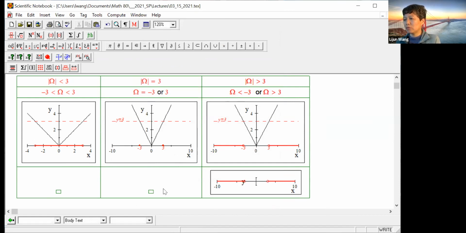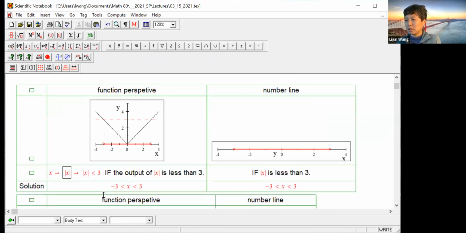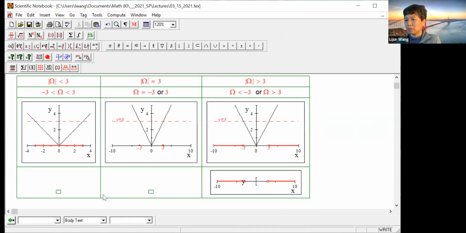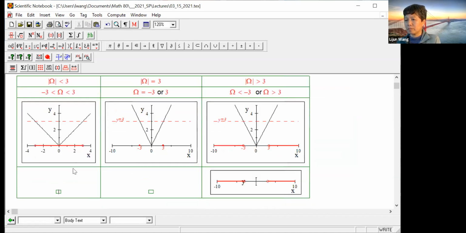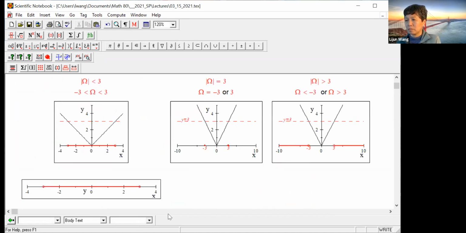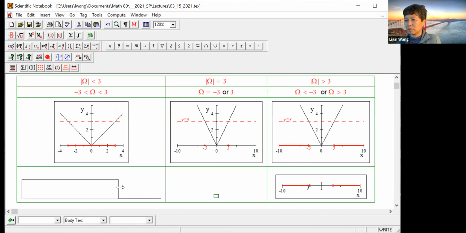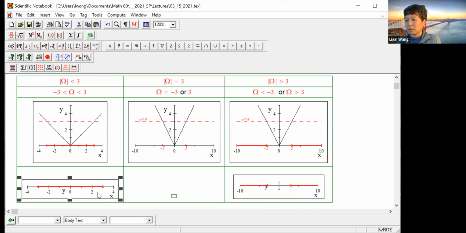So for equals to 3, and for the number line, I'm going to bring up this summary here. Okay, that's a number line.